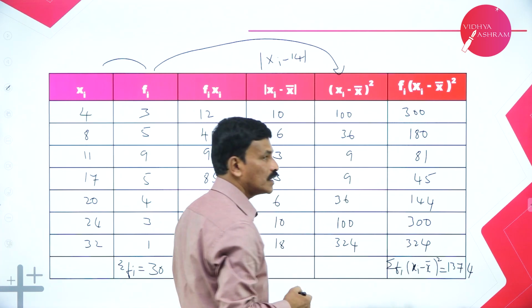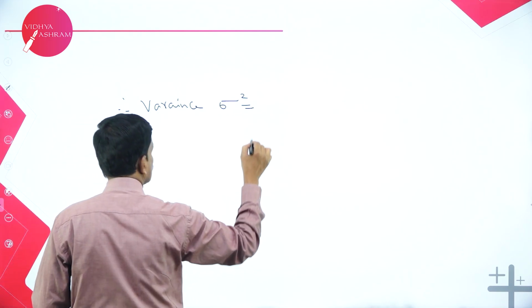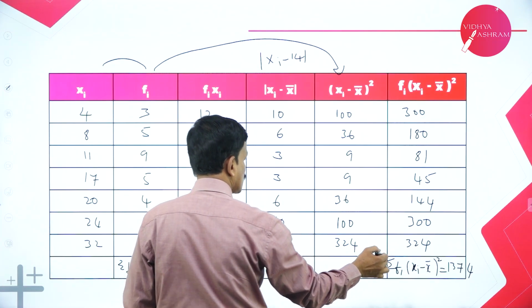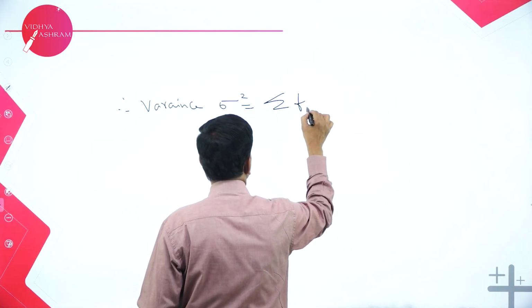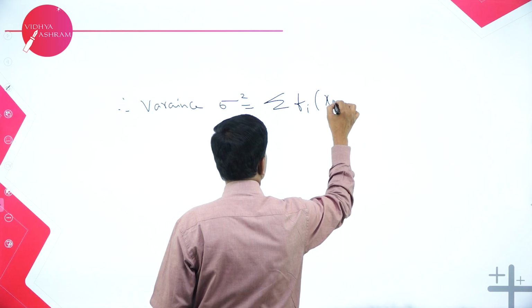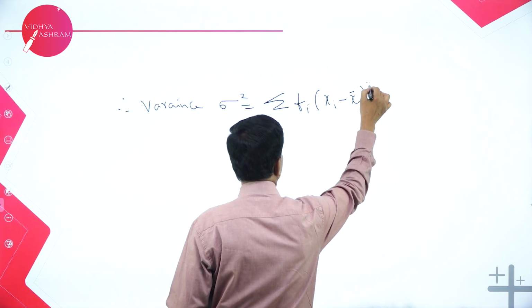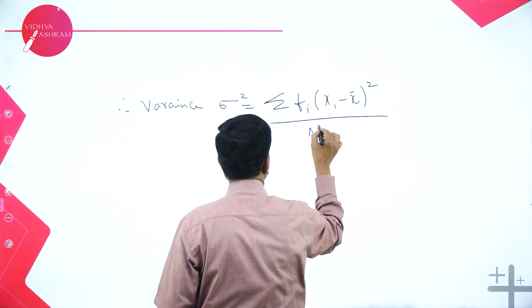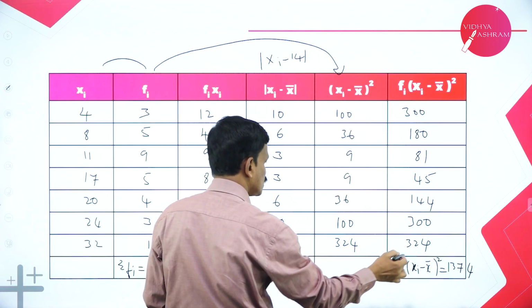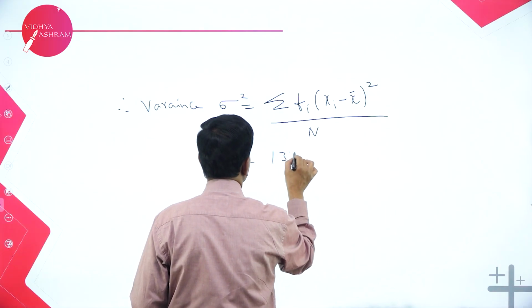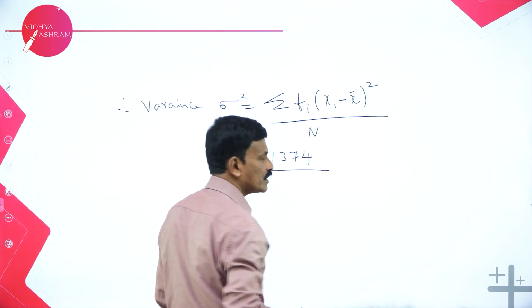Right. Therefore, the variance, rho square, is equal to, what is the formula? Sigma fi into xi minus x bar whole square divided by n. So this is 1374 divided by n.